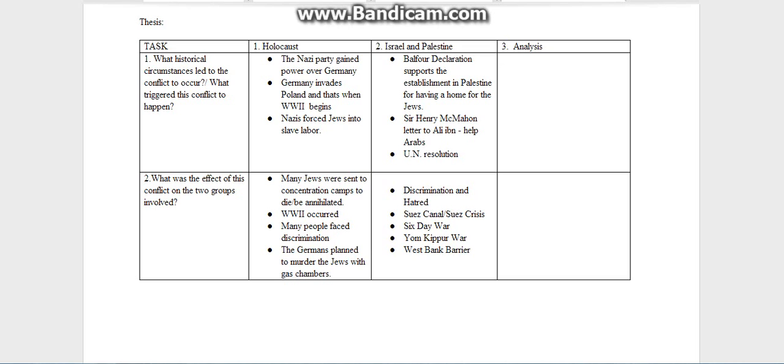So, in order to combine the first part of the task and analyze it, we can write the more authoritative group gained land from both inferior sides.